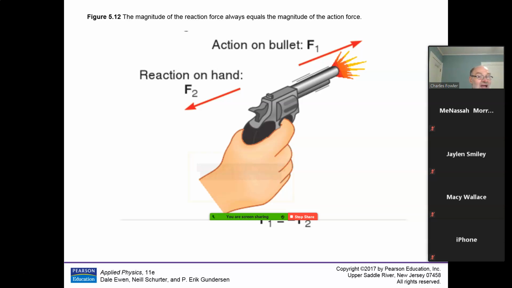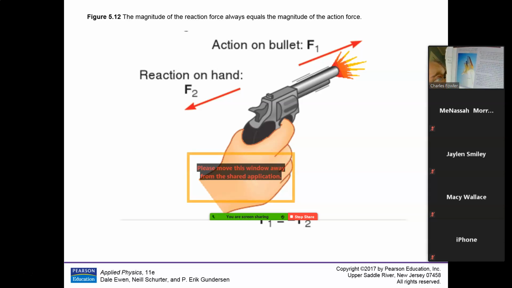That's exactly how rockets work. That's the space shuttle, the old picture, because they don't have the space shuttle anymore. The booster pushing the exhaust downward is the action force.